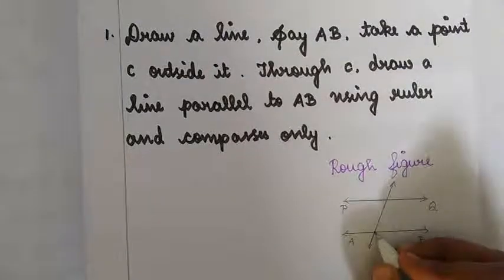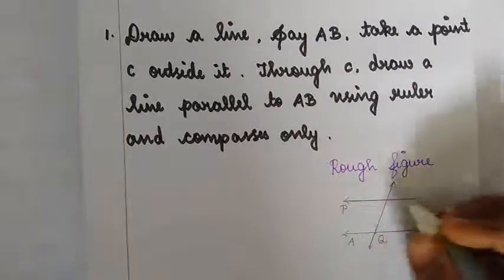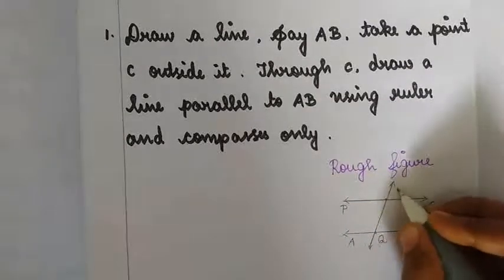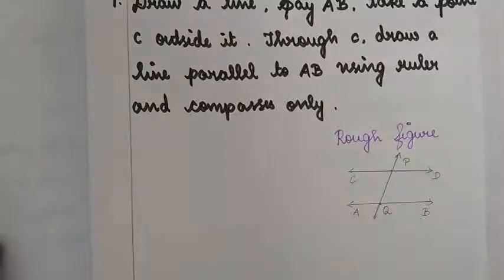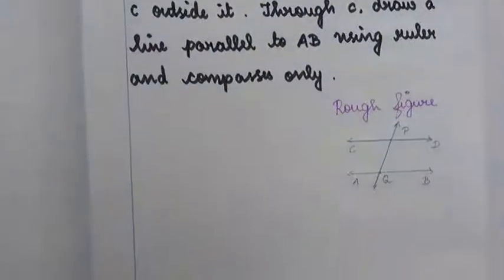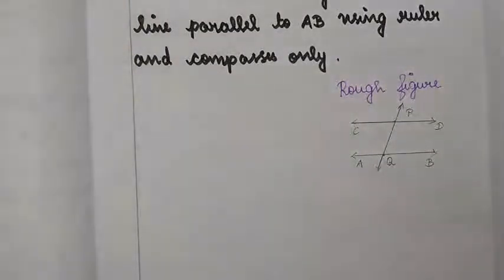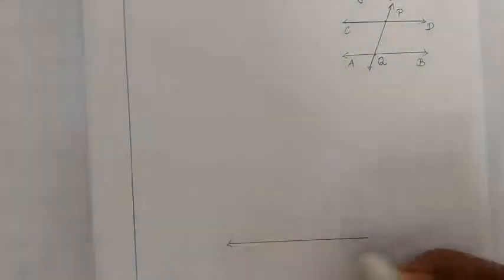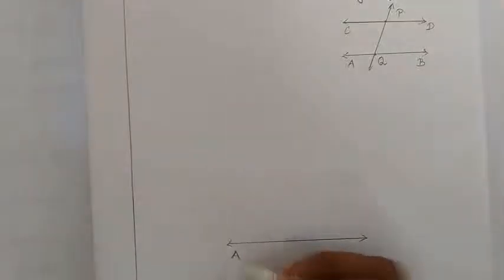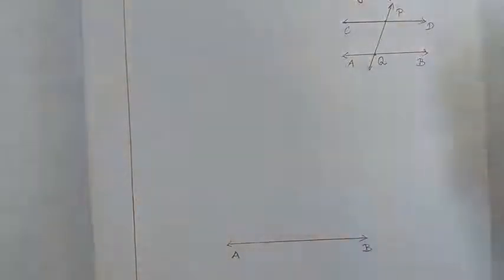This is the intersecting point. Let me take Q. It is P. Now we have to move to the main diagram. First step, we have to draw a line segment AB. This one is A, this is B. What is the next step?